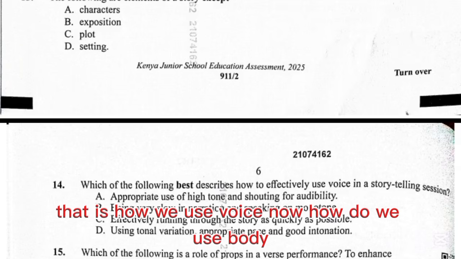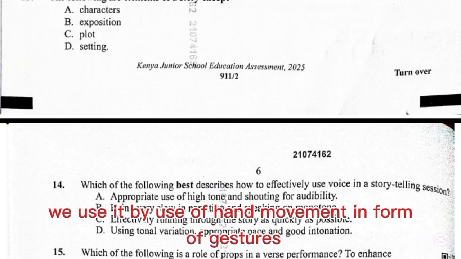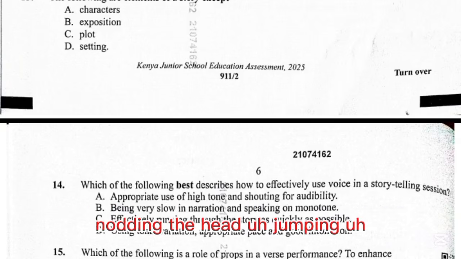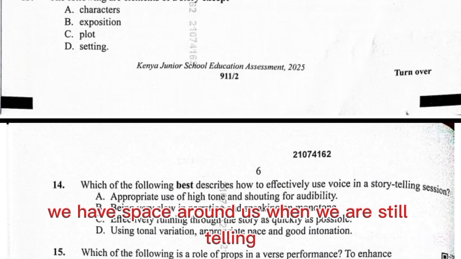Now, how do we use body? Body in storytelling, we use it by hand movement in form of gestures, nodding the head, jumping, taking steps. You can dance. And lastly, we have space around us.